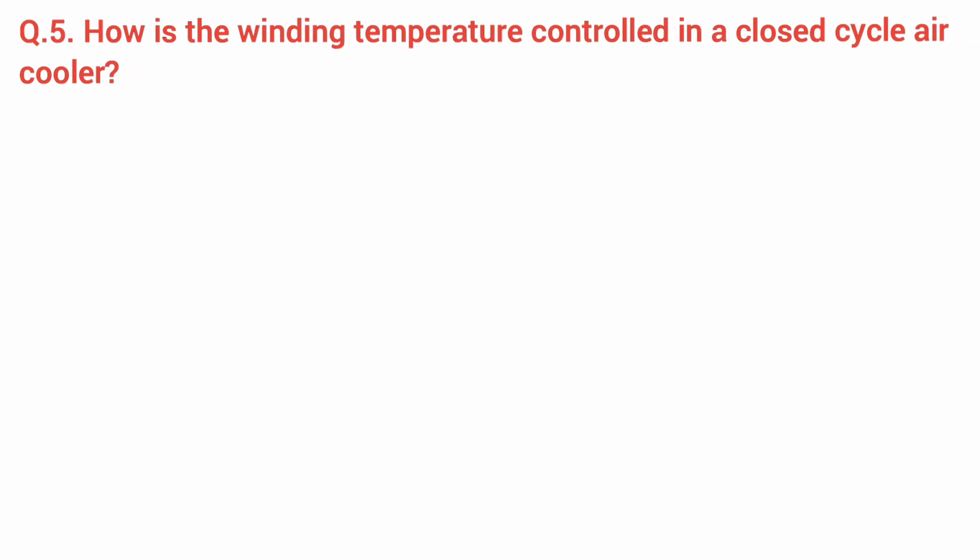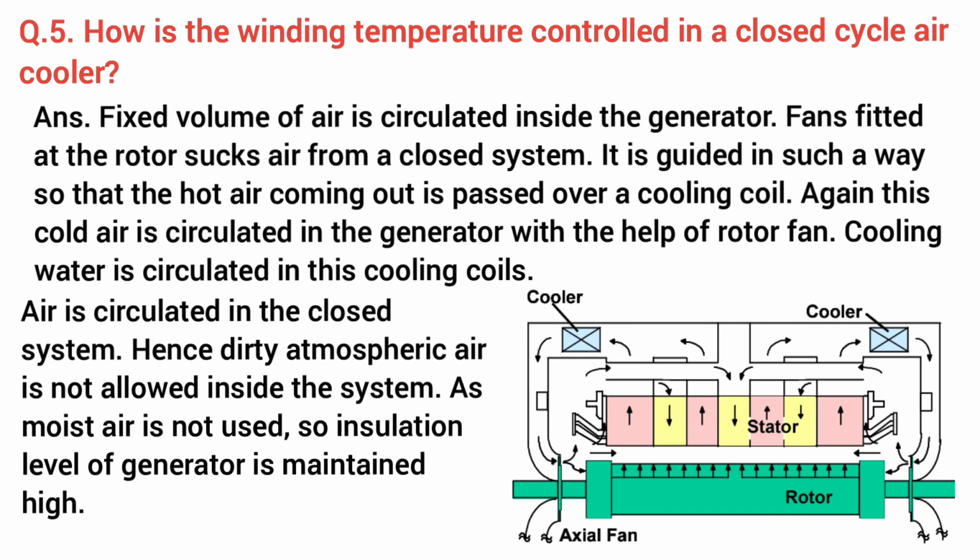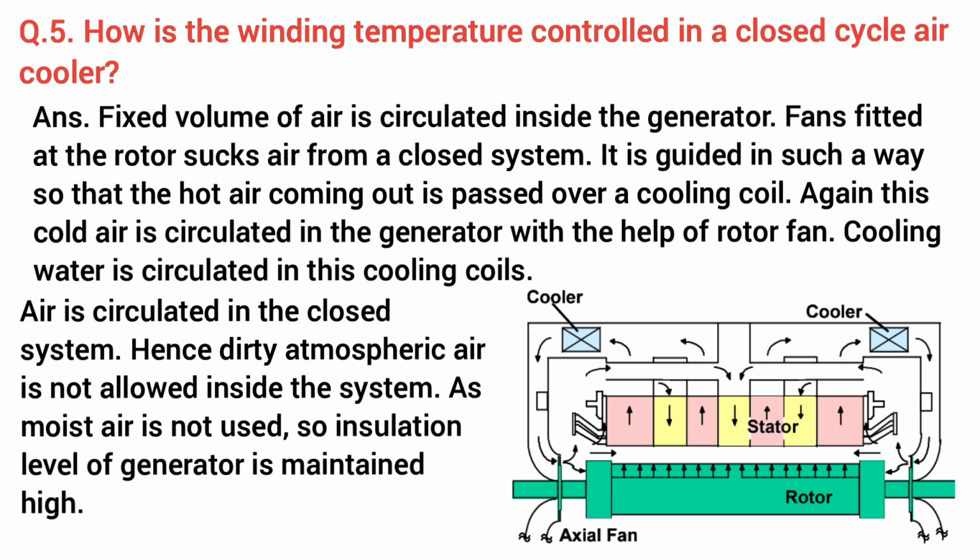How is the winding temperature controlled in a closed cycle air cooler? A fixed volume of air is circulated inside the generator. Fans fitted at the rotor suck air from a closed system. It is guided in such a way that the hot air coming out is passed over a cooling coil.